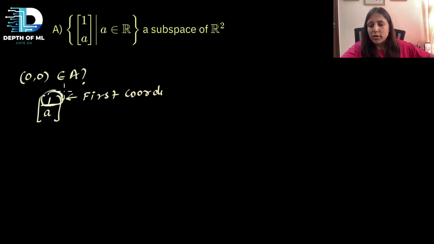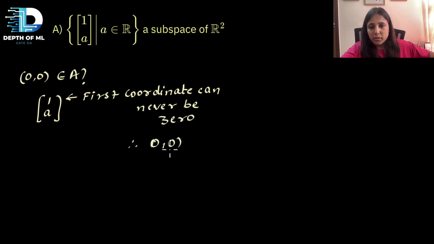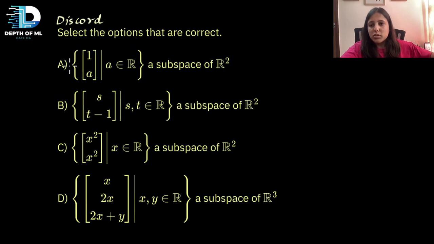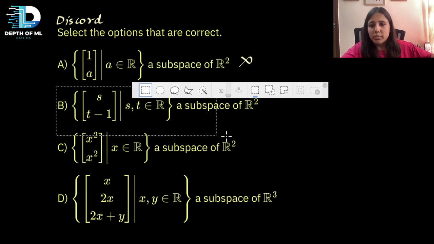So the first coordinate can never be 0. Therefore the 0 0 vector does not belong to A, therefore it is not a subspace. So this is incorrect. Let's check the B option.